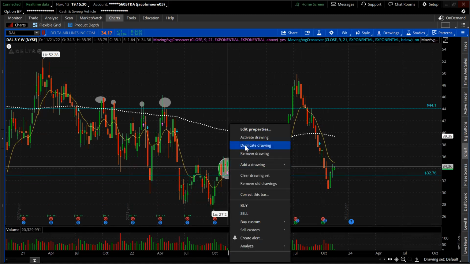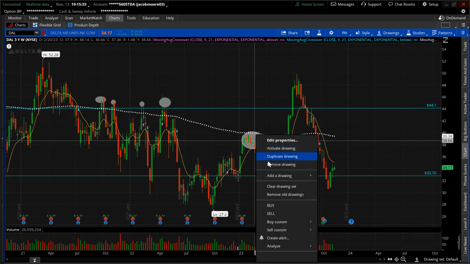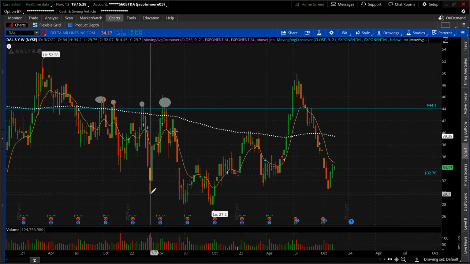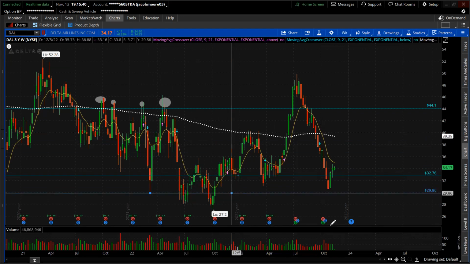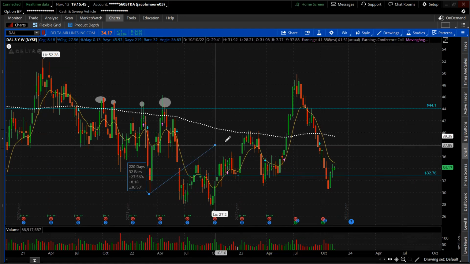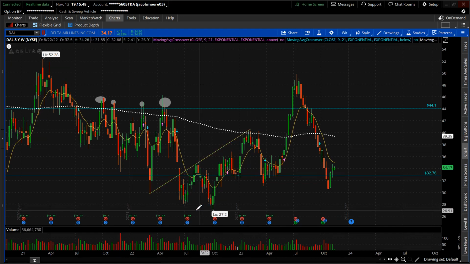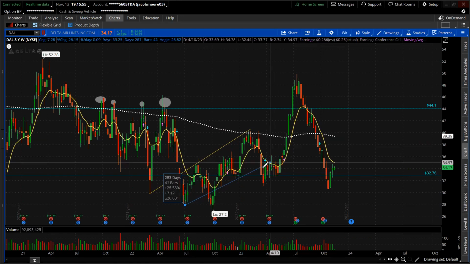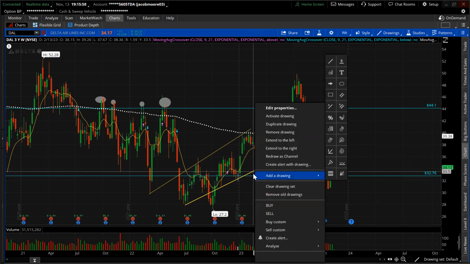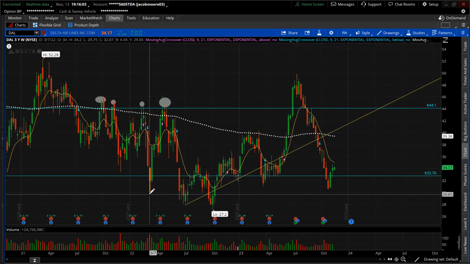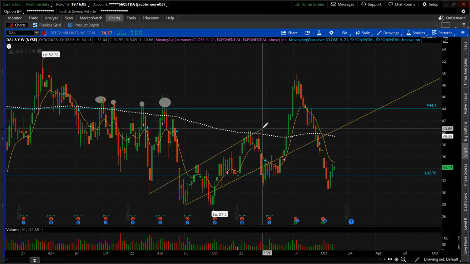So another thing that we can see is on that chart that I just showed, we can draw from this bottom, we can draw some trend lines. And then we can draw a couple trend lines here. So if we draw a trend line here, we can extend this to the right. I'm going to remove that and make this there.